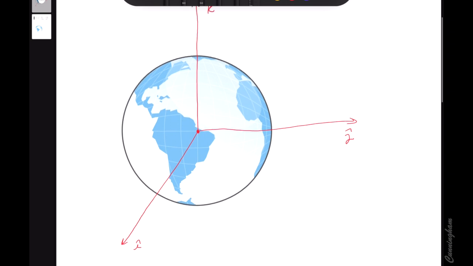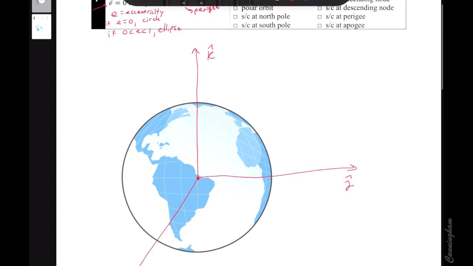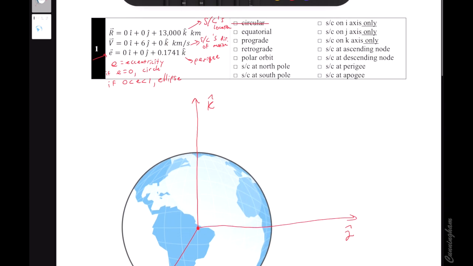So we got our I, our J, and our K. I'll zoom out a little bit. First thing I'm going to do is draw my R vector, to give myself a sense of where my satellite actually is. I use yellow. Remember, the R vector points towards the satellite's location.